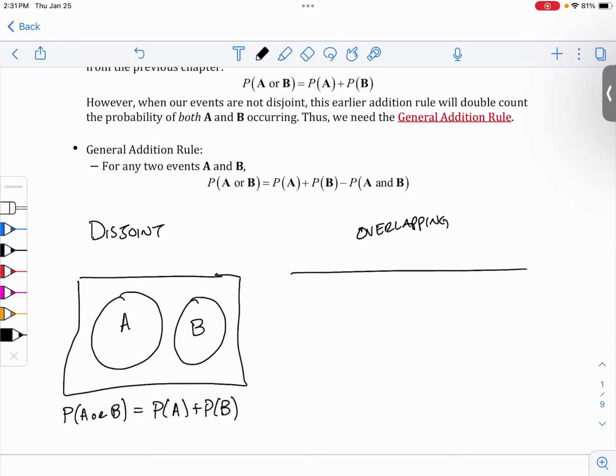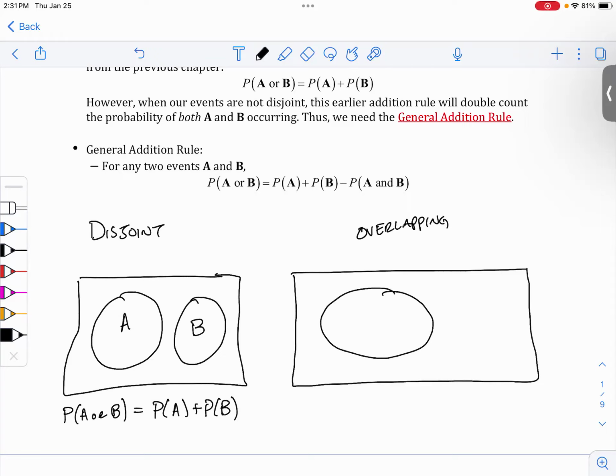The other situation we have is what's known as the overlapping case. Now, notice the formula here for the general addition rule. It still says probability of A or B equals the probability of A plus the probability of B, but you have to minus the middle because it's getting double counted.